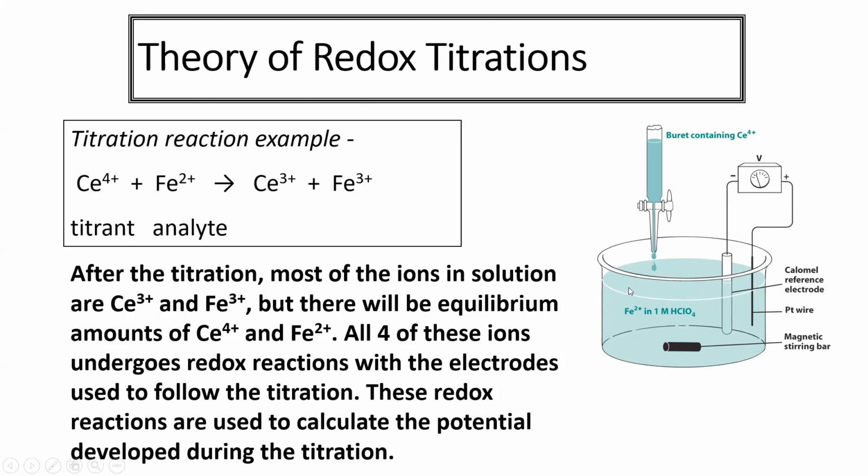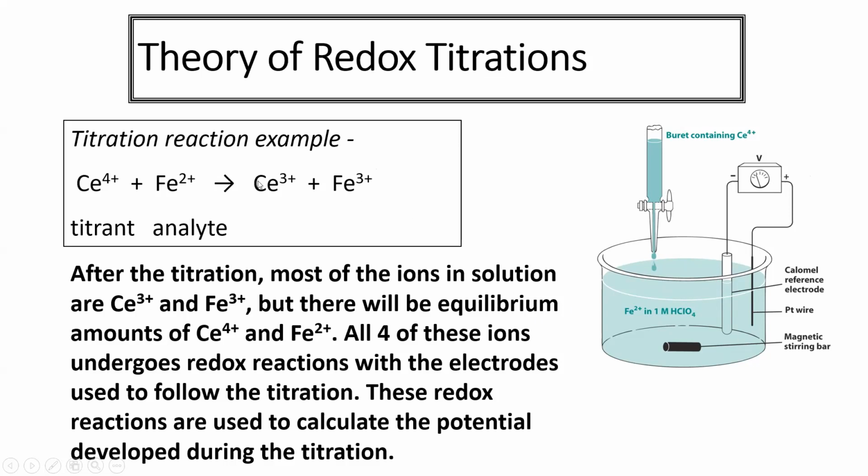So let's say in our medium here, we have iron 2 in 1 molar acid solution, which is constantly being stirred, and our burette is dispensing the cerium ion. And we put our electrode here to get the potential as each drop or volume of the titrant is added to the analyte. So after the titration, most of the ions in the solution will be iron 3 and cerium 3. This is what will happen at the end of the titration.